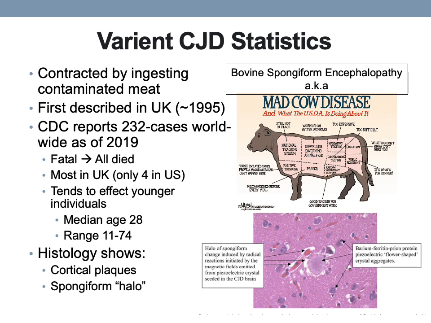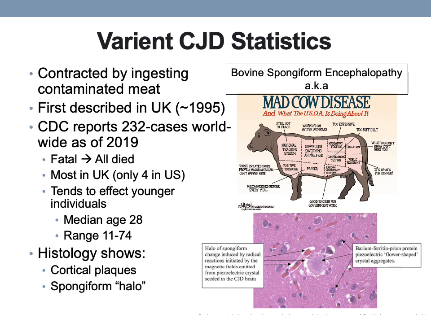So variant CJD statistics are, it's contracted by ingesting contaminated meat. It was first described in the United Kingdom around 1995 or 1994. The CDC reports 232 cases worldwide as of 2019. It's not real prevalent, but they are tracking them.